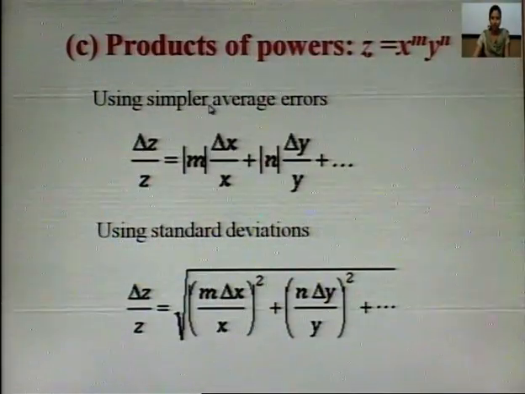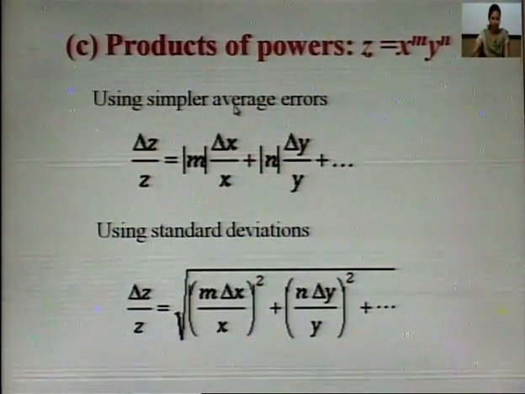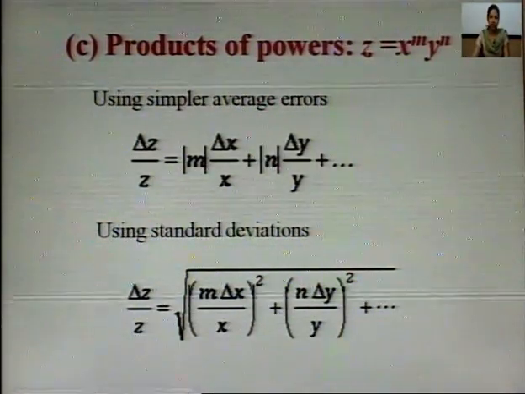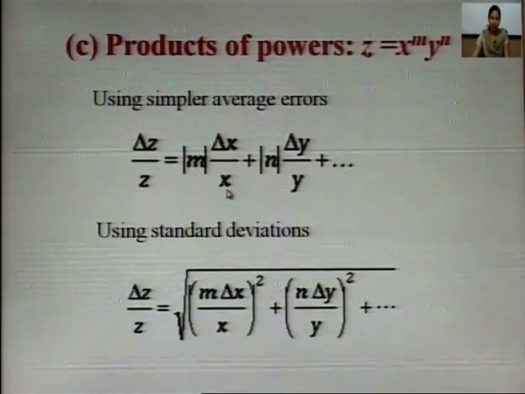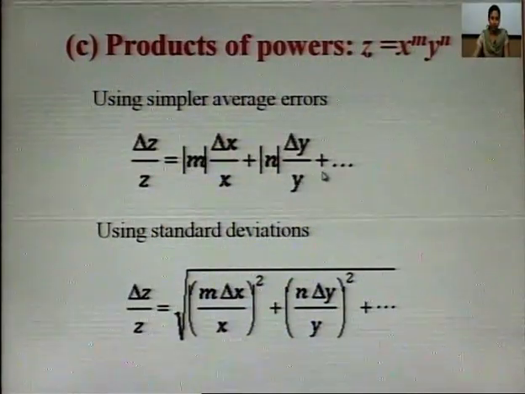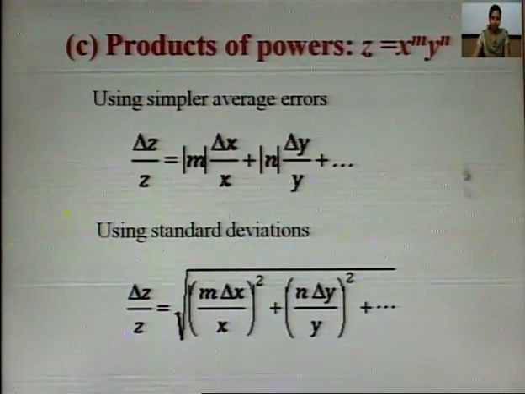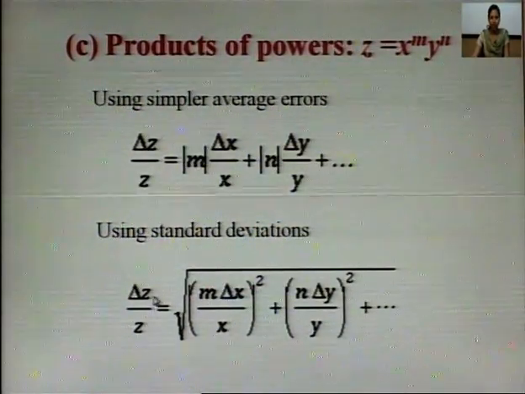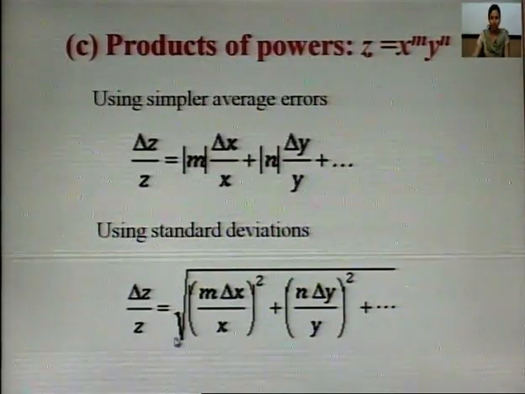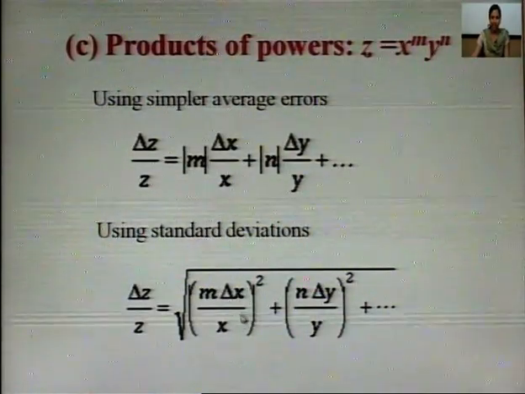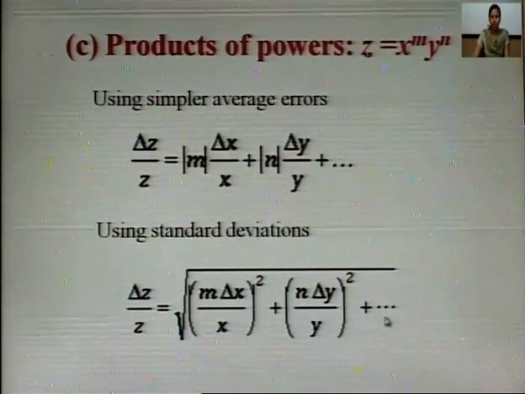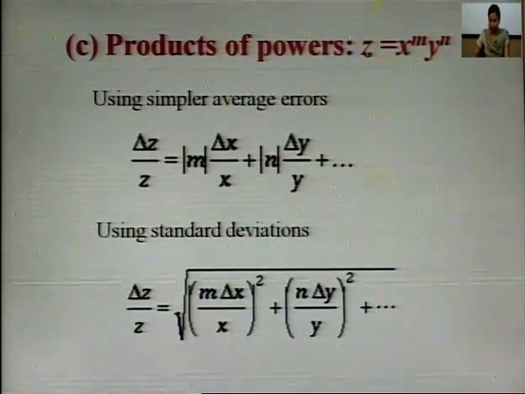If we take the simpler average error, then delta z upon z is equal to m delta x upon x plus n delta y upon y up to so on. And using standard deviation, we will get delta z upon z is equal to m delta x upon x whole square plus n delta y upon y whole square up to so on.